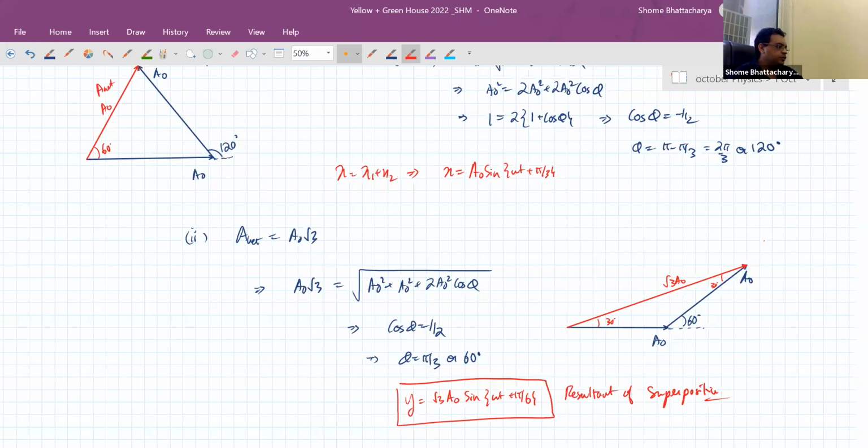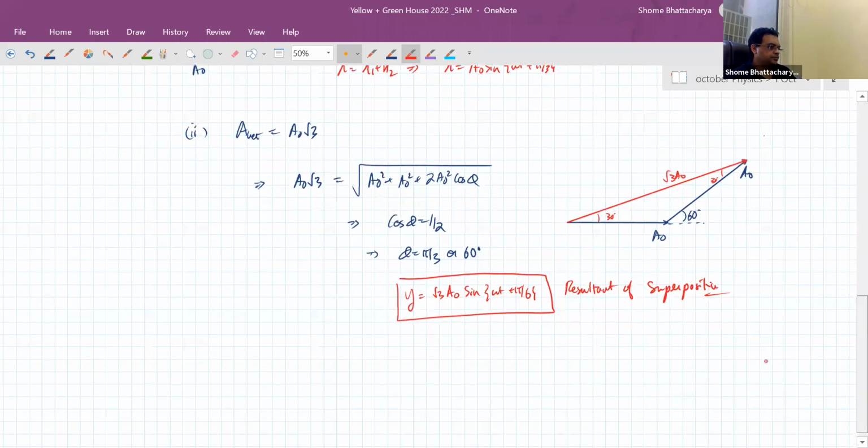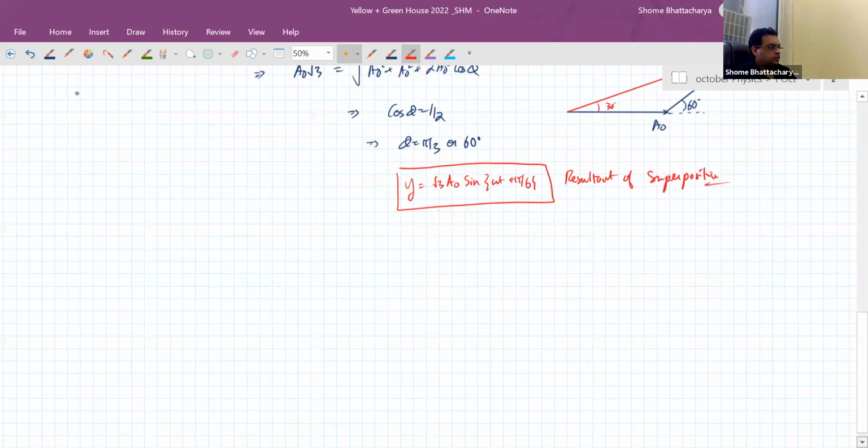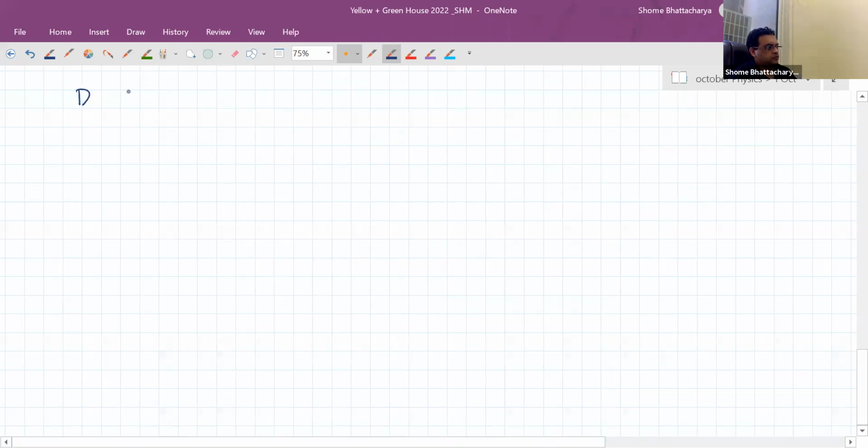Okay, so next we'll move on to the last part, which is damped oscillations, before we can wind up simple harmonic motion. So, damped harmonic motion.